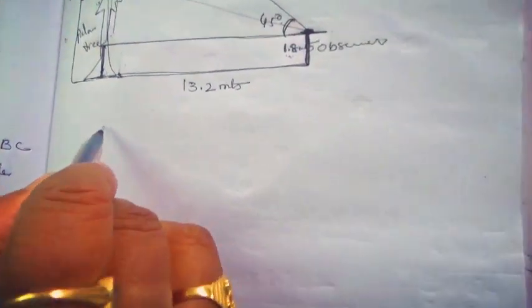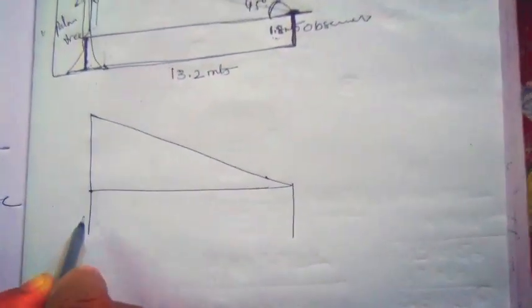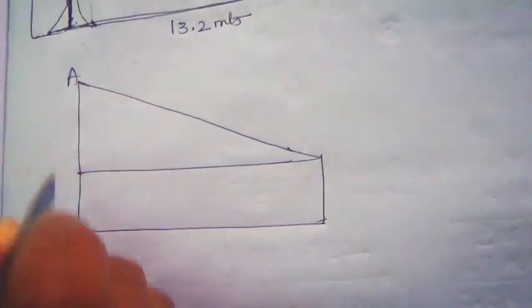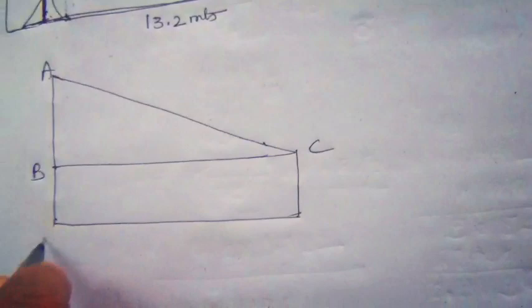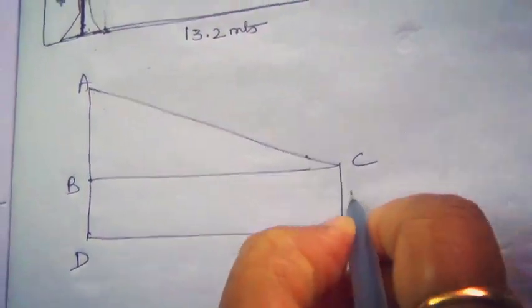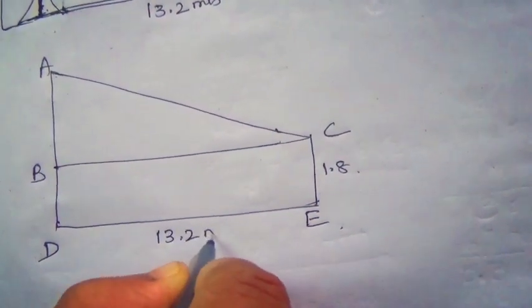For this I am drawing one more diagram. Here it is the observer's height and here is the total height of the tree, A, B, C, D, E. The observer's height is 1.8, and here it is 13.2 meters.